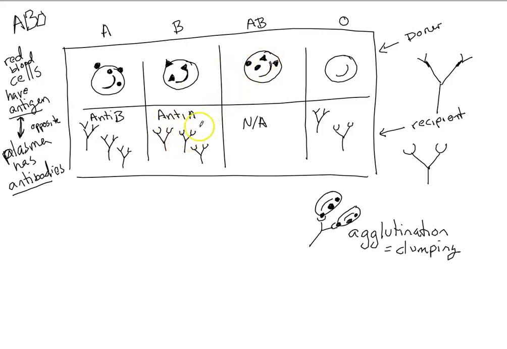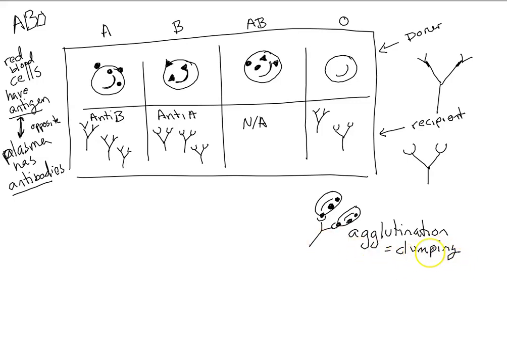We already established. No. This is going to interact with this, and we're going to have agglutination. Can AB give to type O? Absolutely not. Both of these are going to interact with both of these, and you're going to have agglutination. And that person's going to clot, they're going to clump. They could die if they don't get adequate medical care, or even if they are getting medical care, sometimes by chance these people die anyway.